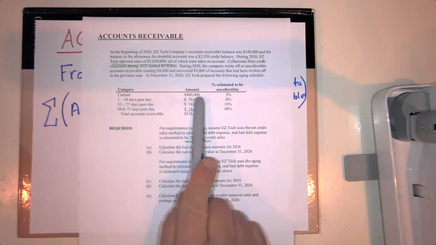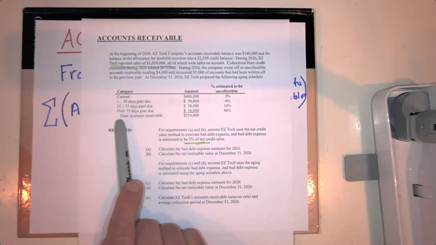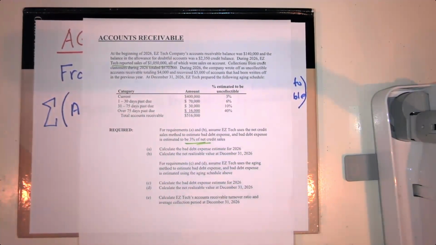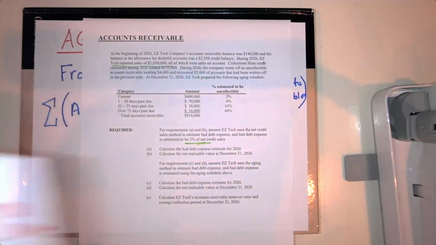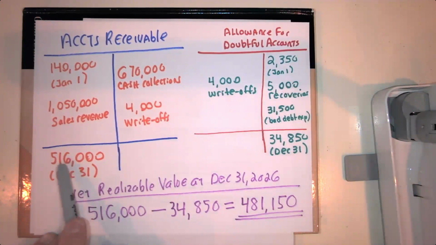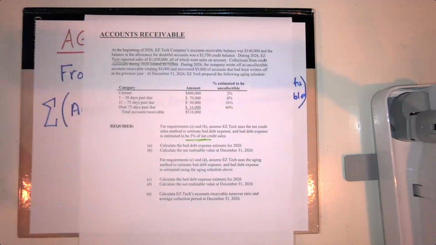And notice, taking all of our receivables, putting them into these different age categories, notice the total here at December 31, 2026, the total accounts receivable, we have 516,000, which is exactly what we had calculated through the use of our T account.